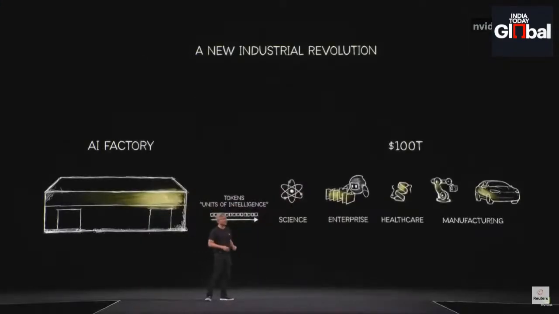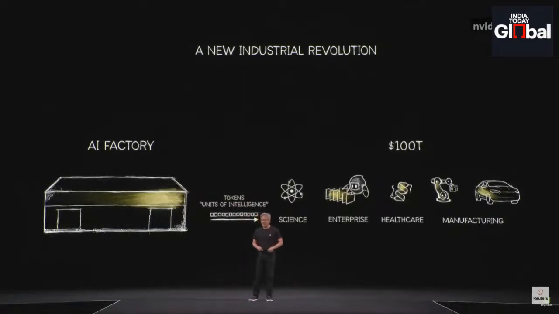Then there's the information industry, which we now know as the internet. And both of them, because it affected so many industries, became part of infrastructure. We now have a new industry, an AI industry, and it's now part of the new infrastructure called intelligence infrastructure. Every country, every society, every company will depend on it.